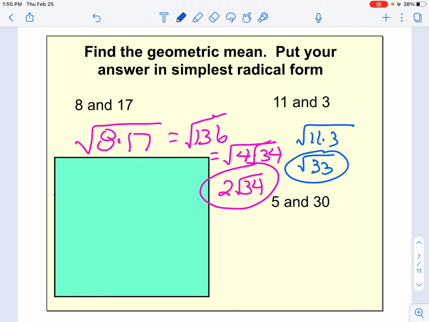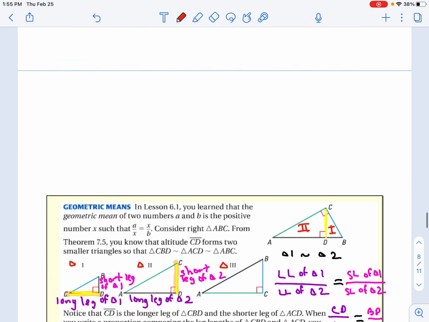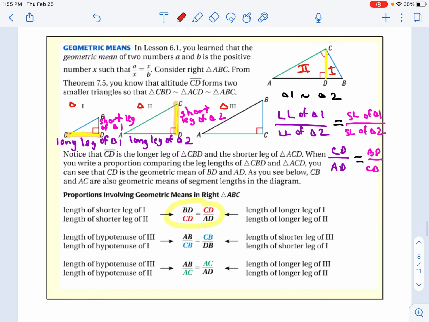But remember, the geometric mean x satisfies the proportion, so x is equal to the square root of AB, because it satisfies the proportion A over X equals X over B. Keep that in mind, because with these two theorems, you're going to have that common letter diagonally.